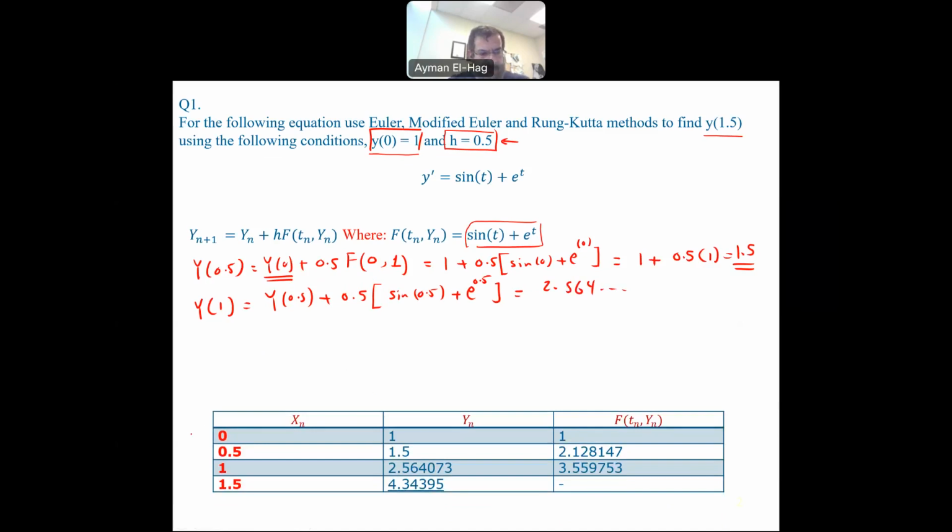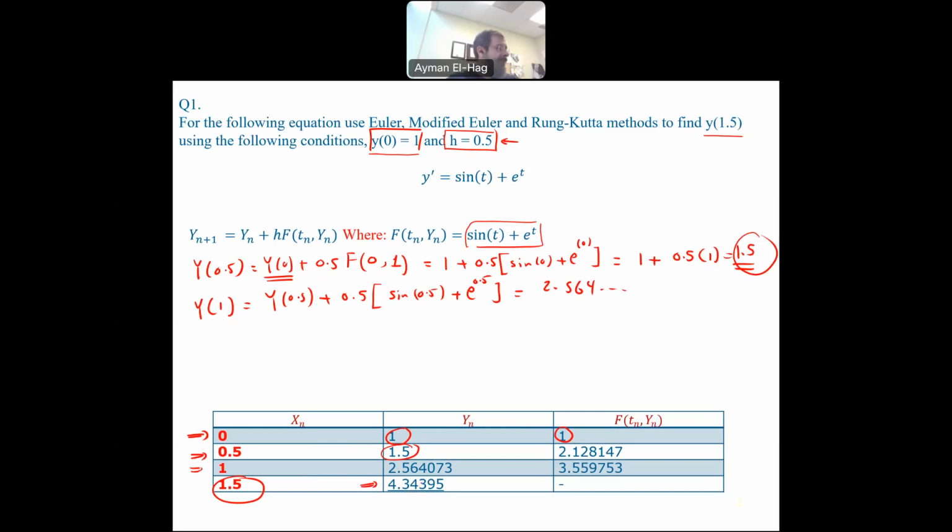We start from x equals 0, the initial condition is 1. Then we go to 0.5, and y is 1.5. Then at 1, and finally at 1.5. This is the y, the function at 1.5, which is equal to 4.34395.